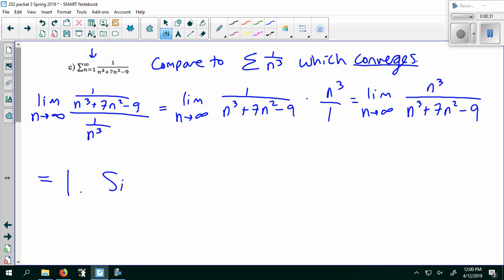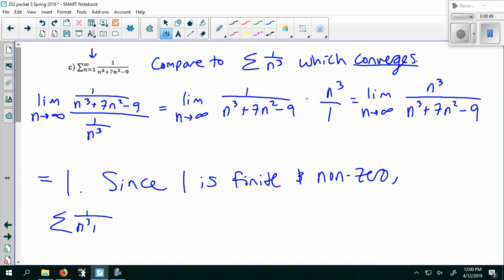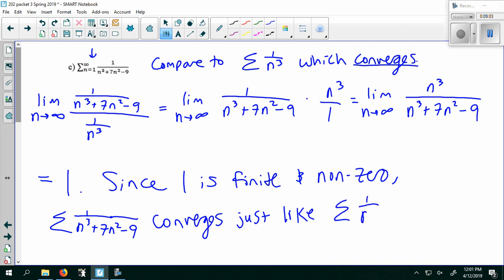So, since 1 is finite and non-zero, my sum of 1 over n cubed plus 7n squared minus 9 converges, just like my comparison sum, 1 over n cubed, converges.